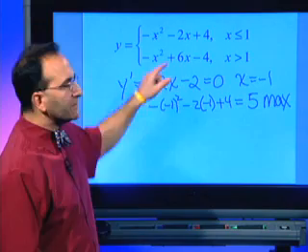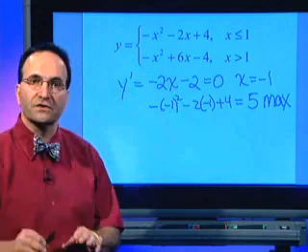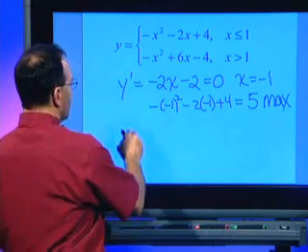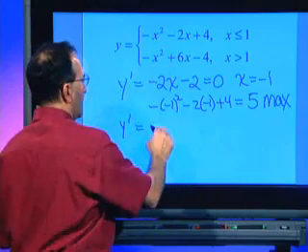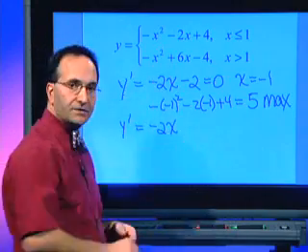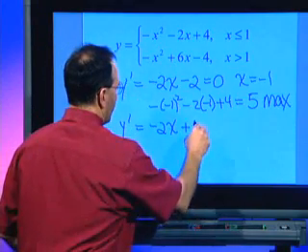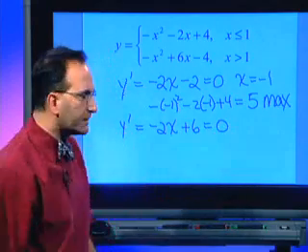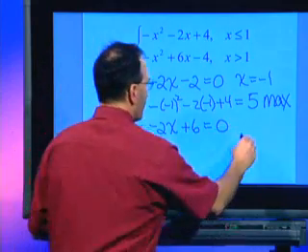Okay. Now, let's do the same thing for the second, or the bottom function, which is let's find the first derivative and set it equal to 0. So y prime here would be equal to negative 2x, and then plus 6. Set it equal to 0 and solve for x, and we'll end up getting that x is equal to 3.